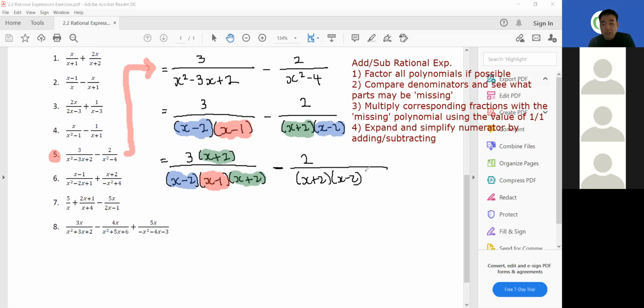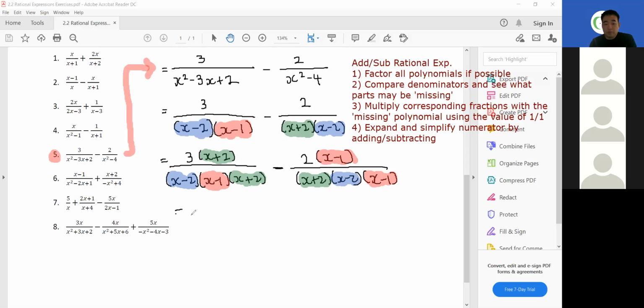And the right fraction needs x minus 1 from the left. So again, all right, I need highlighter. X minus 2 was originally there. X plus 2 was originally there. But if I want to make the denominators exactly the same, I need x minus 1 over x minus 1 here.